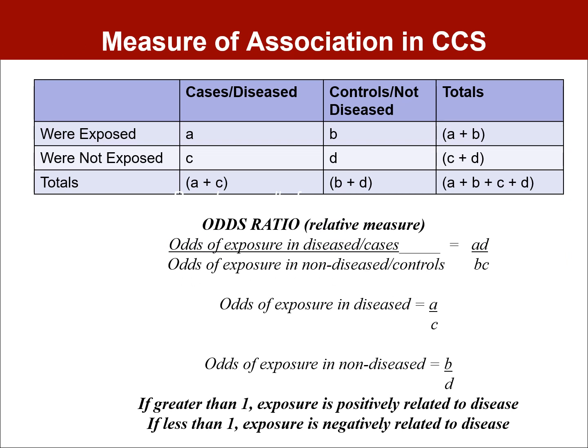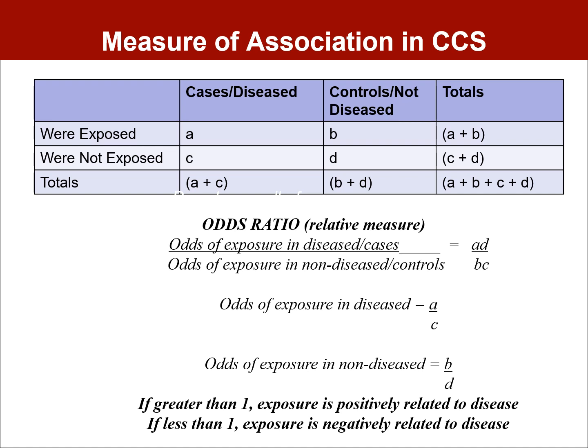With regards to measure of association, like I stated earlier as well, you can only measure a relative measure in case control studies, and this relative measure will be the odds ratio. Why?